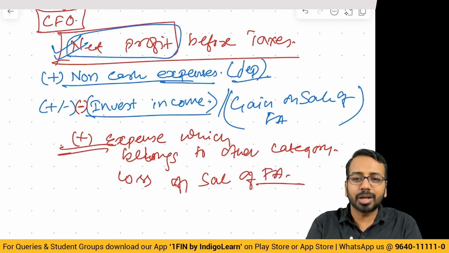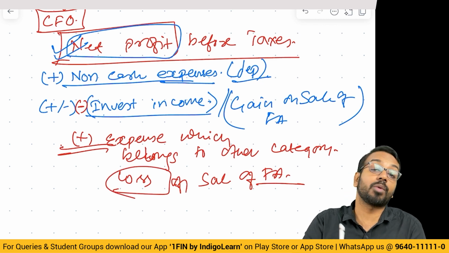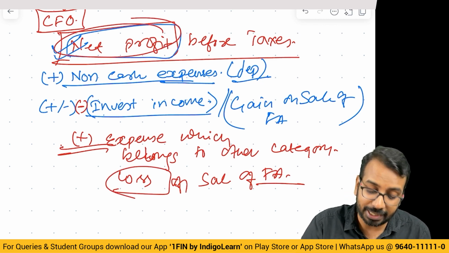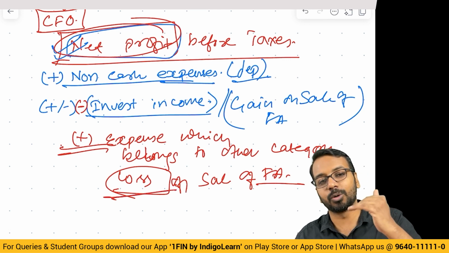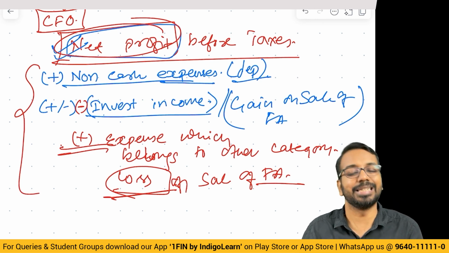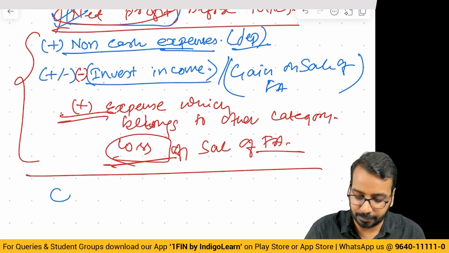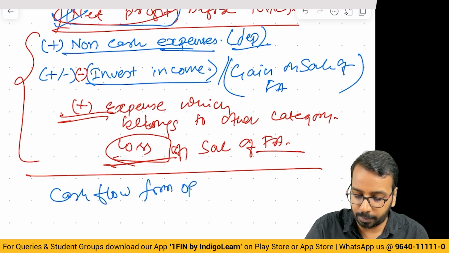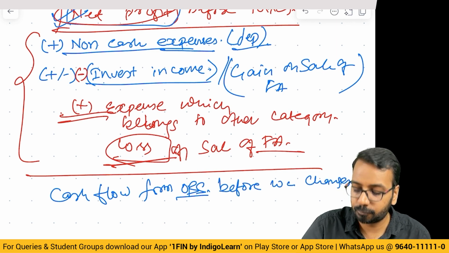Is fixed asset belonging to operating activity? No. So if there is any loss, I will add. So why are we adding? For calculating net profit, we would have reduced this loss, so to cancel out the impact, we are adding back. So like this, first you will do these adjustments. Okay. Once you do these adjustments, you will arrive at something called cash flow from operations before working capital changes.